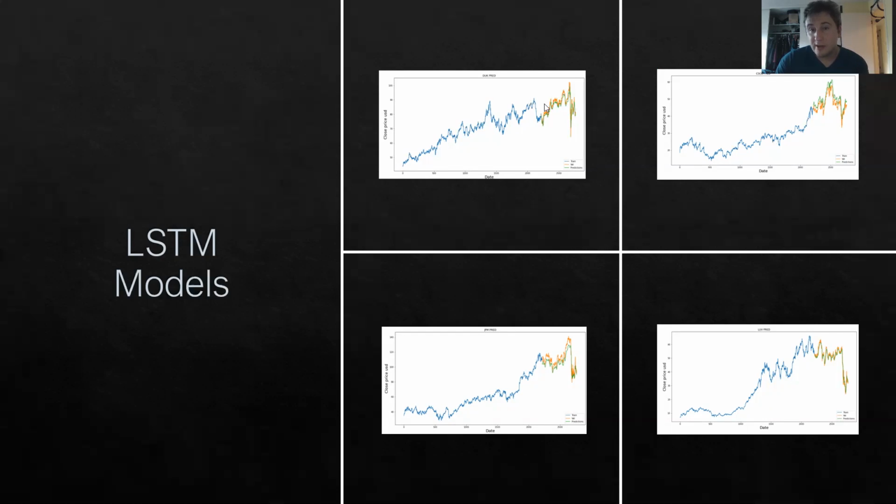Duke Energy did pretty well here. JP Morgan Chase, not as well as Duke. Cisco Systems was pretty close as well, but Southwest Airlines and Duke did seem to perform the best, just taking a quick look at these graphs.